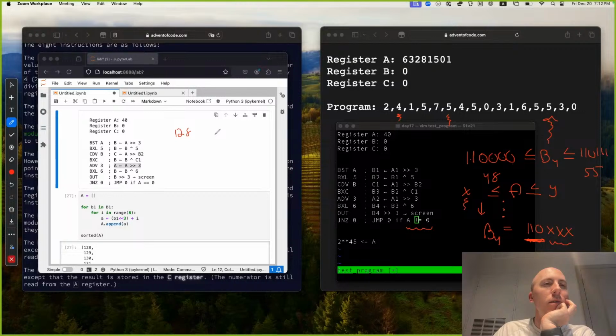I'm confused because it doesn't seem like A can ever grow anymore. We need it to grow, don't we? Because if A is 128, then by the time it gets down here to B, B is going to be whatever 10xxx like that. And then yeah, B gets shifted down, but it doesn't actually get shifted down.